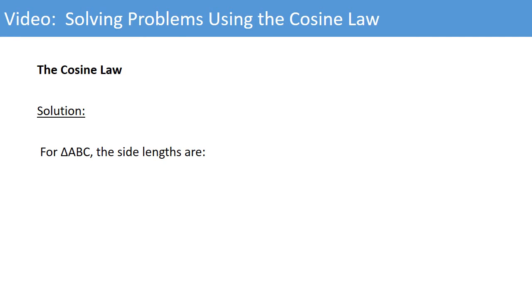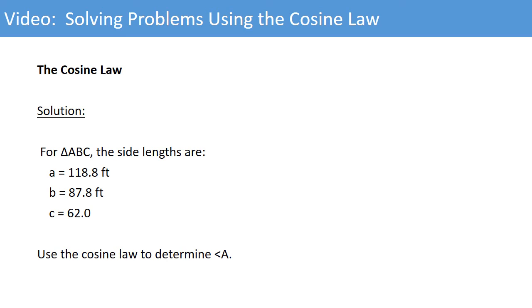Now, for the solution. For triangle ABC, the side lengths are A is 118.8 feet, B is 87.8 feet, C is 62.0 feet.